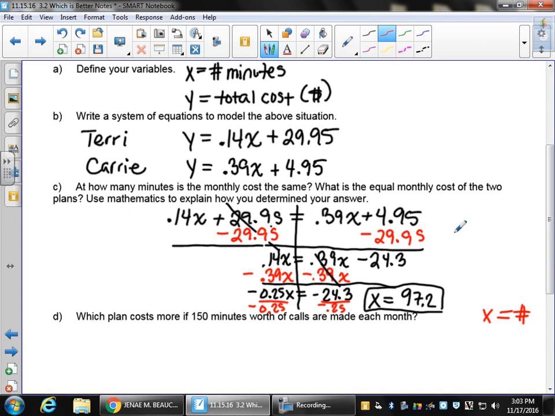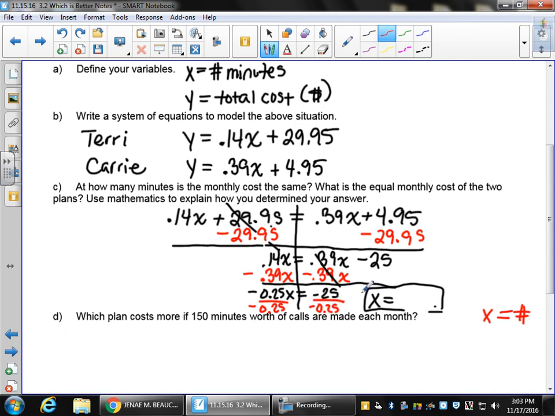Let's try that again. 4.95 minus 29.95 is negative 25. And this is going to change right here, and this will change. So negative 25 is right here. Divide by negative 0.25.